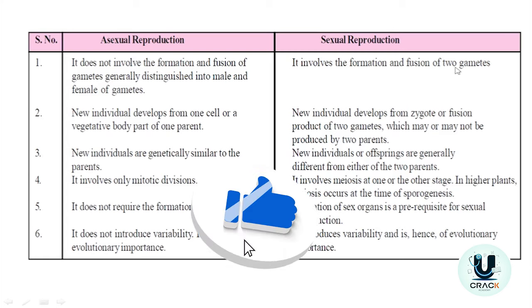Formation of sex organs is a prerequisite for sexual reproduction. Asexual reproduction does not introduce variability, hence has no evolutionary importance. Sexual reproduction introduces variability and is hence of evolutionary importance.